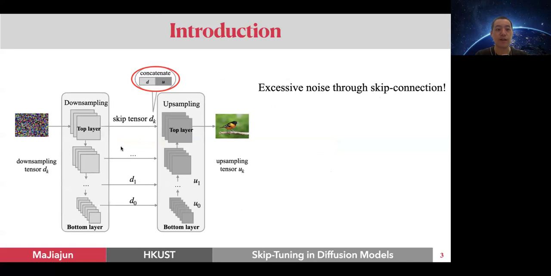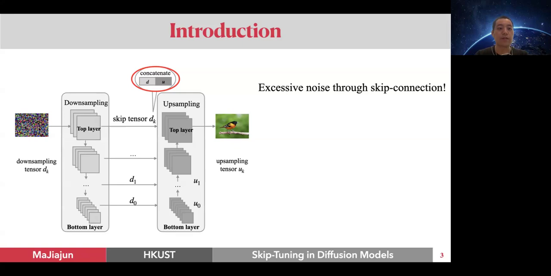Why is that? Let's consider a one-step sampling case. In that case, the input side is the pure Gaussian noise, and the right-hand side is your generated sample, right?